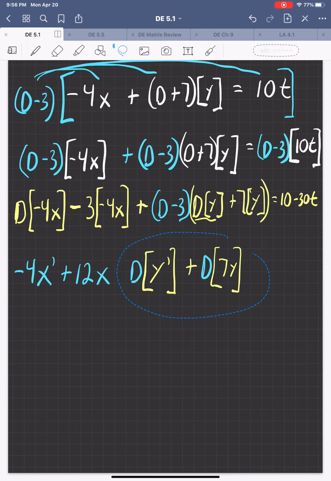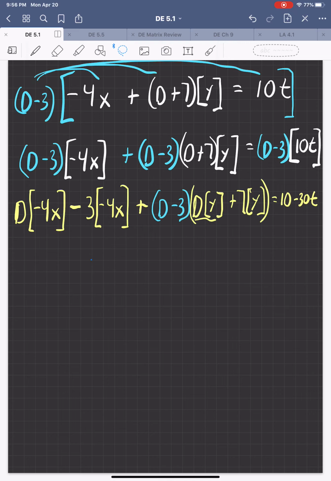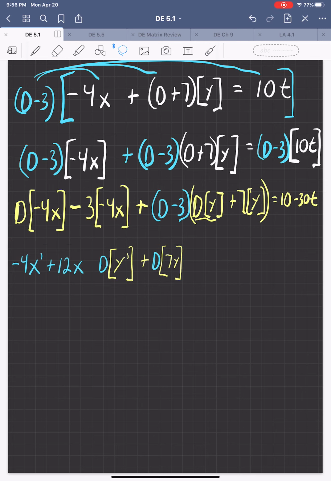So what I'm going to do is I'm going to copy and paste this so I can make this smaller. And let's make this a little bit smaller because I'm running out of room. All right. So let's go ahead and keep going here. So in case you're wondering what happened, I did my d operating on this y prime plus 7y, but I didn't do this part right here. All right.